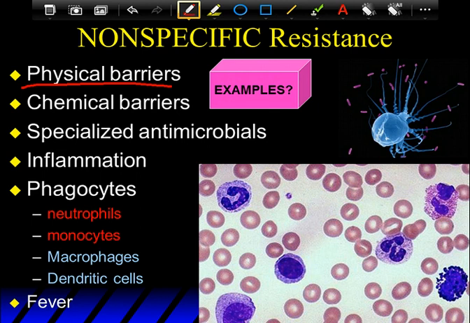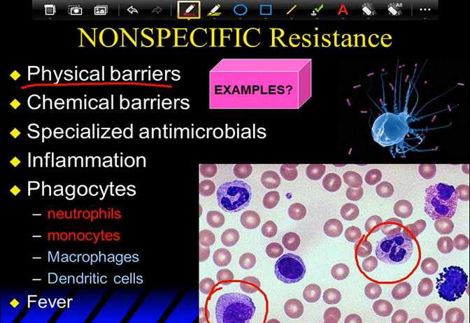We'll talk more about inflammation coming up. We'll talk about phagocytes coming up. We'll talk about fever. But let me point out phagocytes. I got a nice picture here of some different ones, and let me just point some of these out. Okay, I got 4 listed over here. 2 of them are in red, neutrophils and monocytes. And I wanted you to remember that these are in blood. So here is a neutrophil, and here is a monocyte.